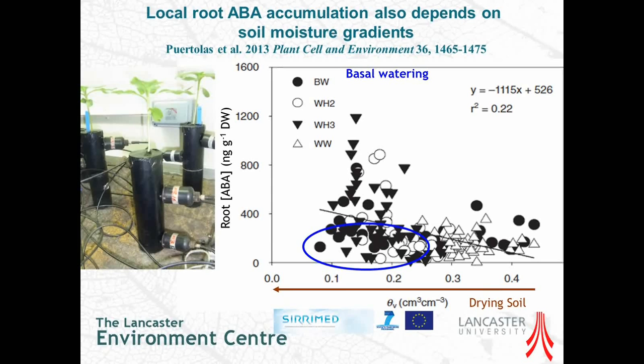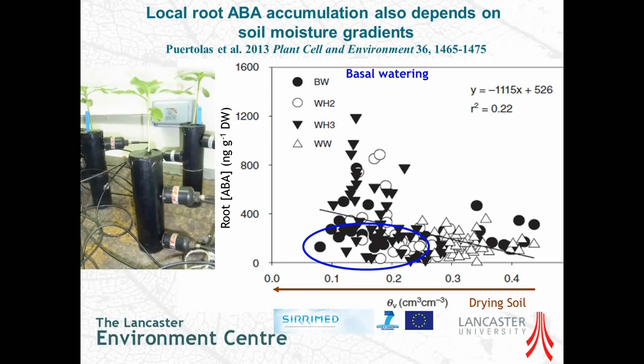It seems as though the root ABA accumulation will be affected by the gradient of soil moisture that is actually imposed. I gave some evidence for that in terms of the potato experiment, with different root ABA accumulation according to where the roots are actually sampled. This graph here shows a rather interesting response, again, to different soil moisture gradients.